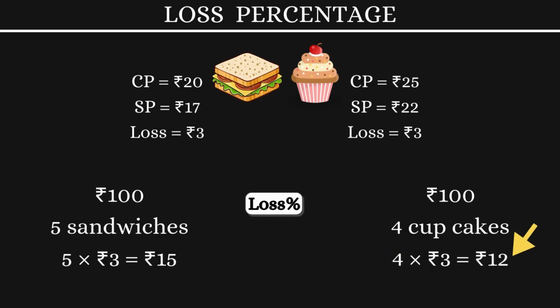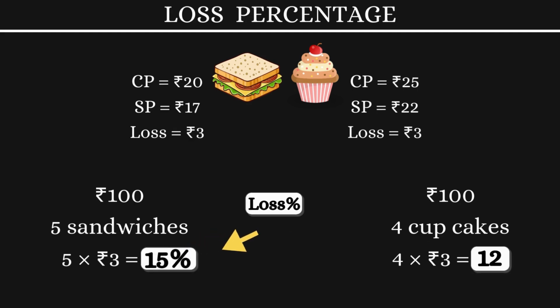So clearly, the loss made selling sandwiches is more than the loss made selling cupcakes. We can also say the loss percentage in the first case is 15% and in the second case is 12%.